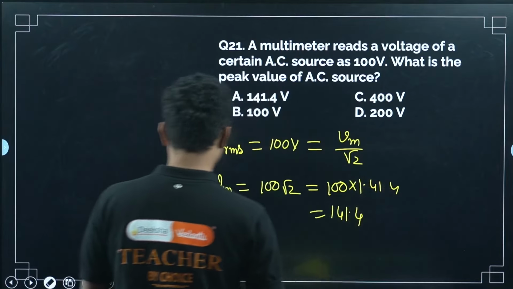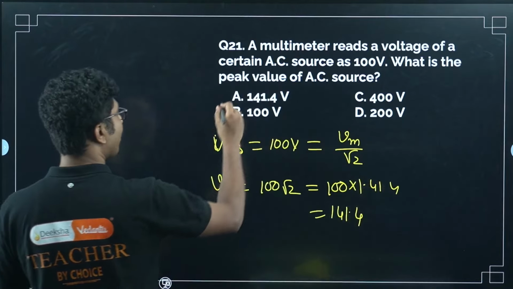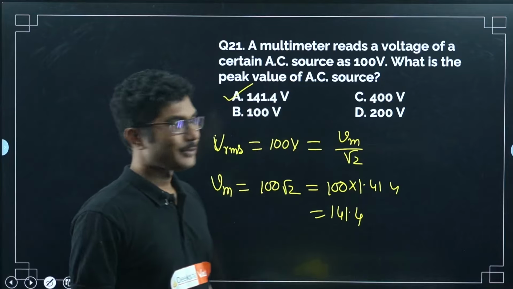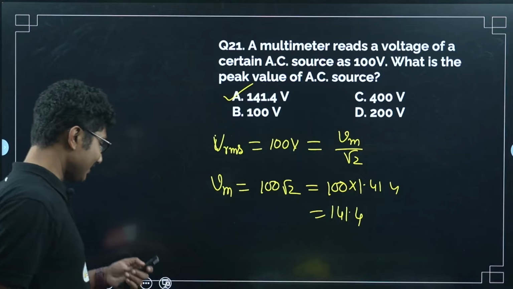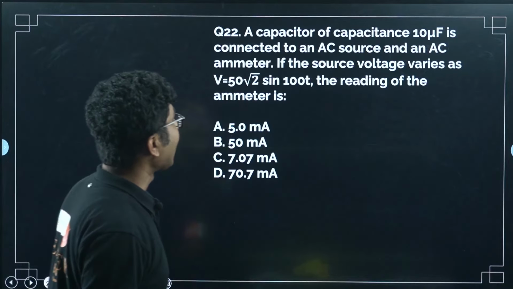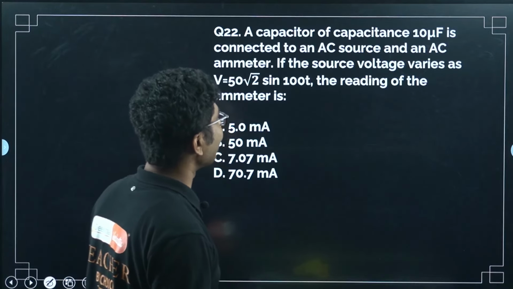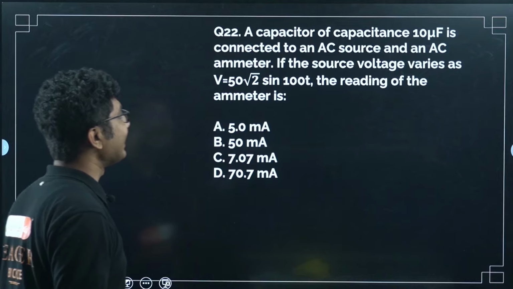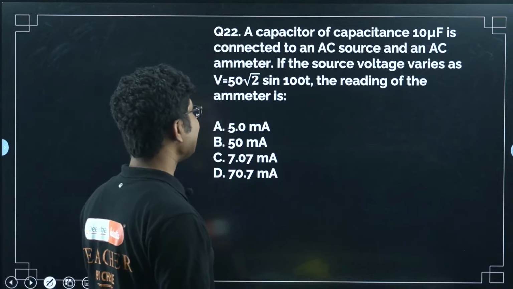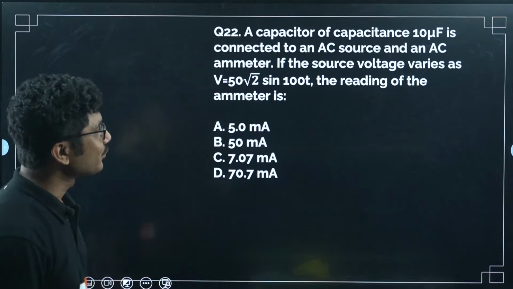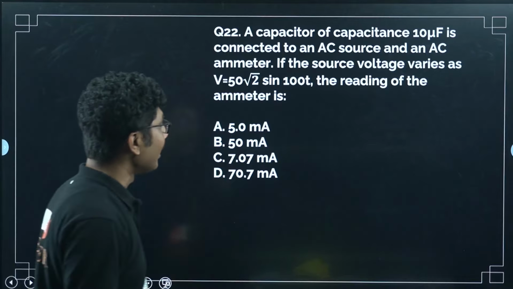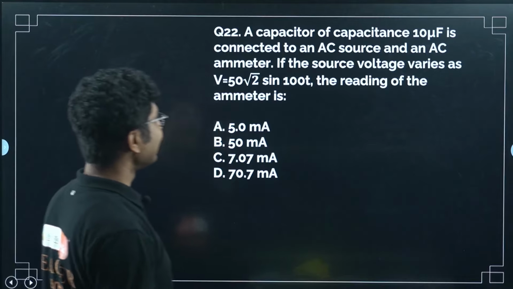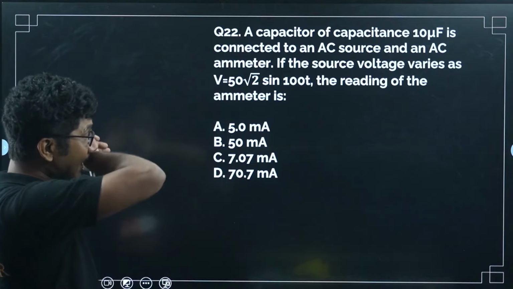Now the options are given in such a way that it is very obvious that it will not be 100, 200 or 400. So you can guess the answer in this case. Now a capacitor of capacitance 10 microfarad is connected to an AC source and an AC ammeter. If the source voltage varies as V equals 50 √2 sine 100t, then the reading of the ammeter is asked, again an AC ammeter.